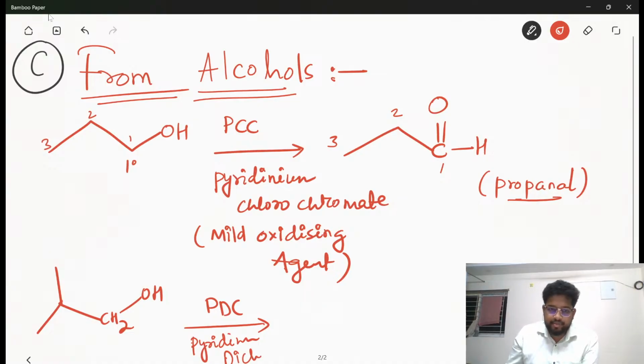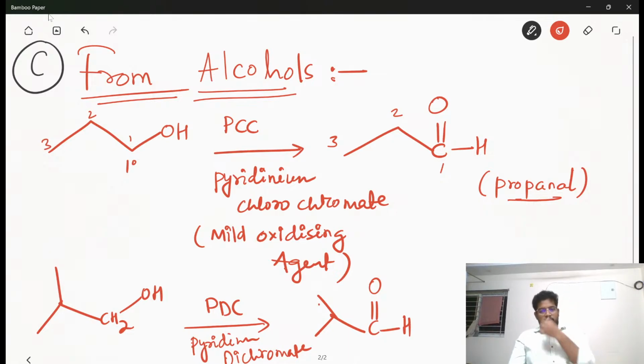Now you see, if I treat pyridinium dichromate, what am I obtaining as a product? Look, this is again 1 degree. So 1 degree will give us aldehyde again. But this is a branched chain aldehyde.